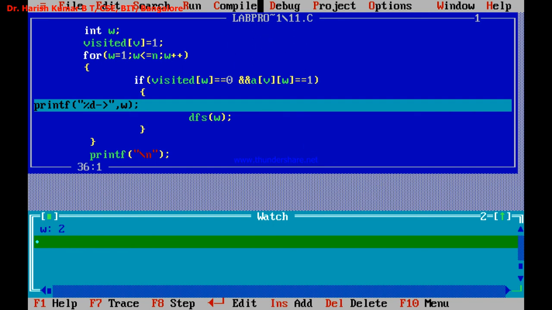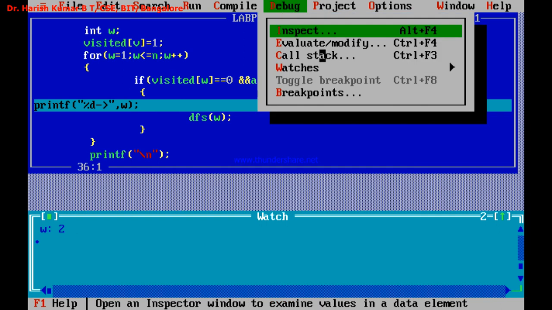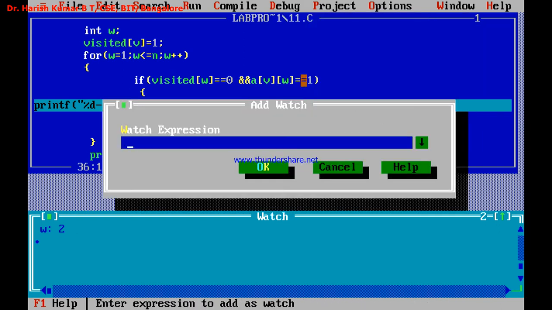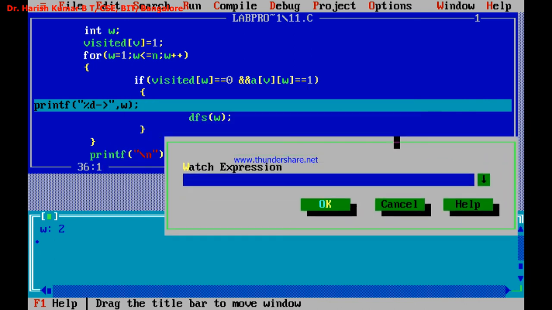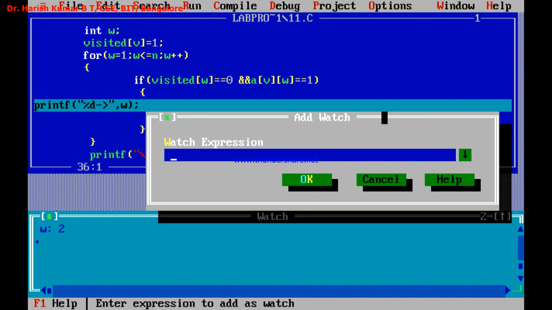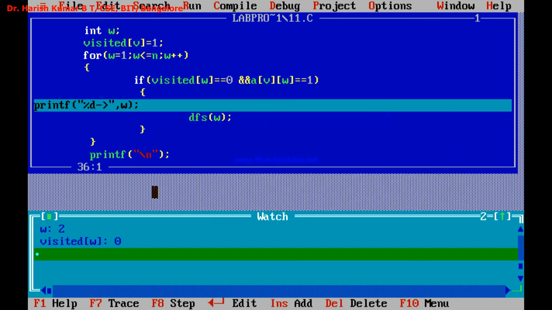Okay, and let me add one more. W I have added. Let me add visited of W also. See, visited of W is 0. What does it mean? The node 2 is still not visited.